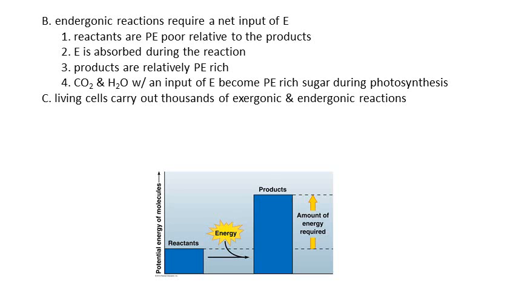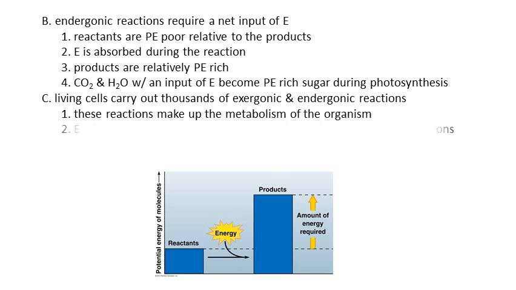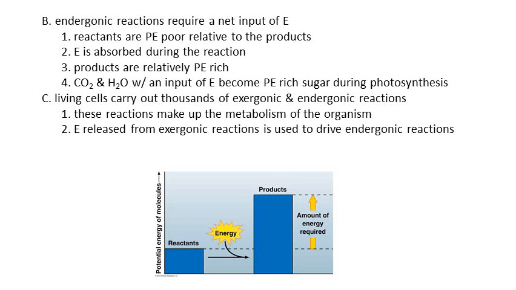Now, living cells carry out thousands and thousands of exergonic and endergonic reactions because, once again, living cells are bags of chemical reactions. And all the combined reactions of all the cells of an individual, like the 10 trillion cells that make up you and I, make up the metabolism. So when we use that term metabolism, we're really referring to all the chemical reactions that occur within an organism.